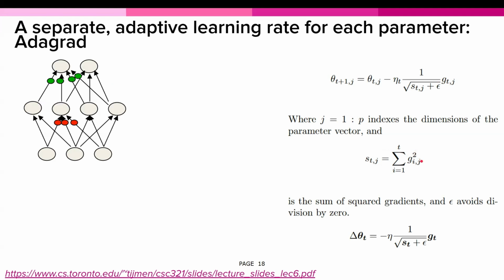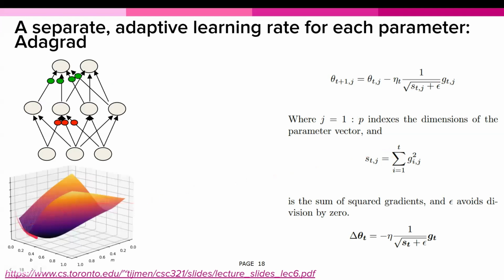AdaGrad was specifically designed to enable rapid convergence in convex settings, and it performs well because it can converge rapidly towards a minimum by focusing on parameters with the most significant contributions to the loss. A downside, though, is that the denominator could grow too fast, and the effective learning rate can decay too quickly.